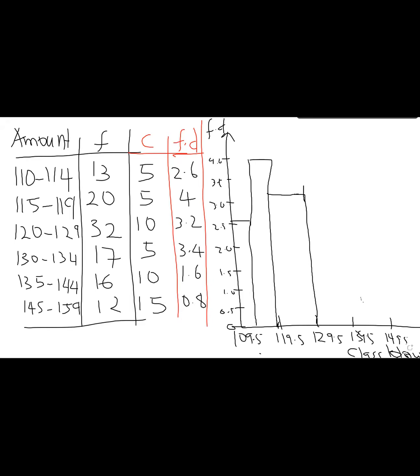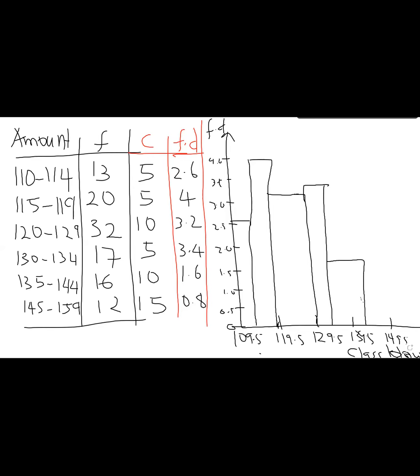Yeah, sorry. All right. So the next one is 5. So if it's 5, we make it smaller. It comes to the middle. See that? Then 1.6 is 10. So come to 1.6. It has to go to the middle.